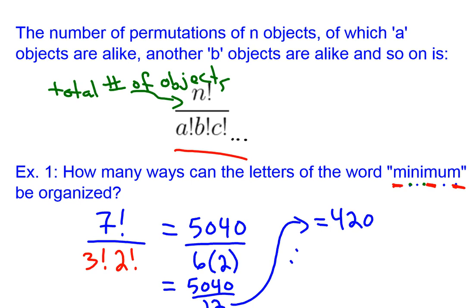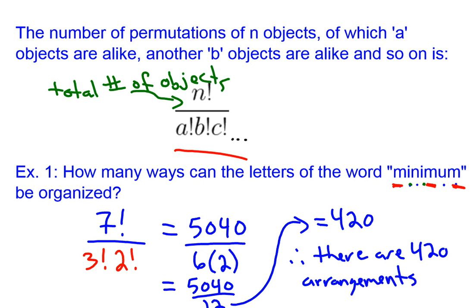This means that there are 420 different arrangements of the word minimum. So that's how we can deal with duplicate or identical objects.